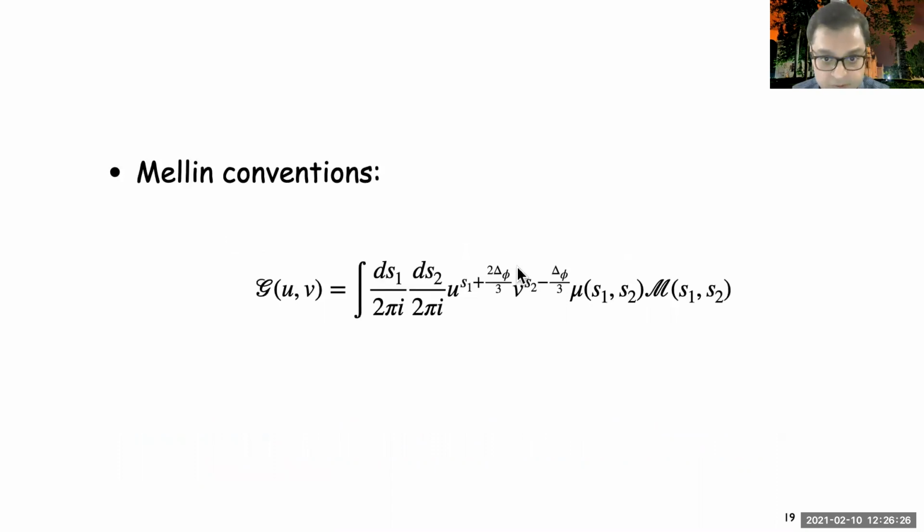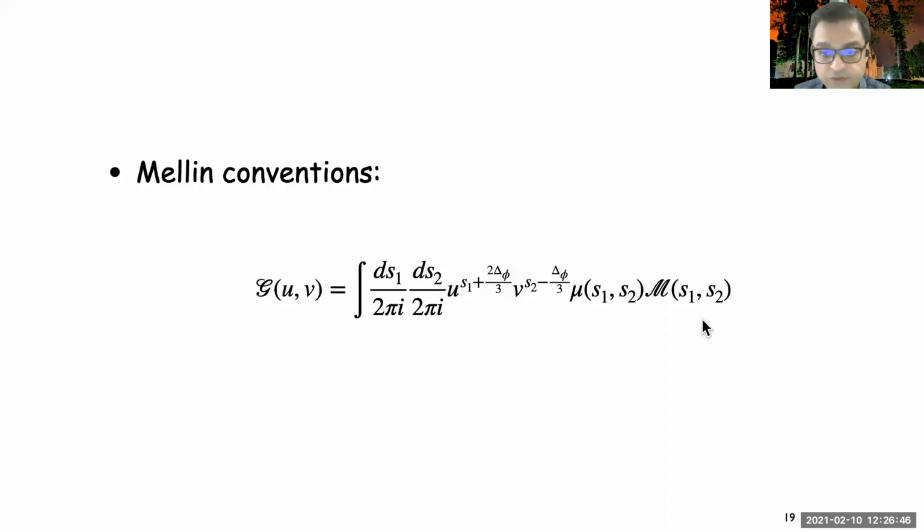So these are my Mellin conventions. I will work in these S1, S2 variables. If I'm talking about a conformal field theory, this is the usual correlator in position space. It has a Mellin representation. M is the Mellin amplitude. Mu is the measure factor which carries information about the double poles.